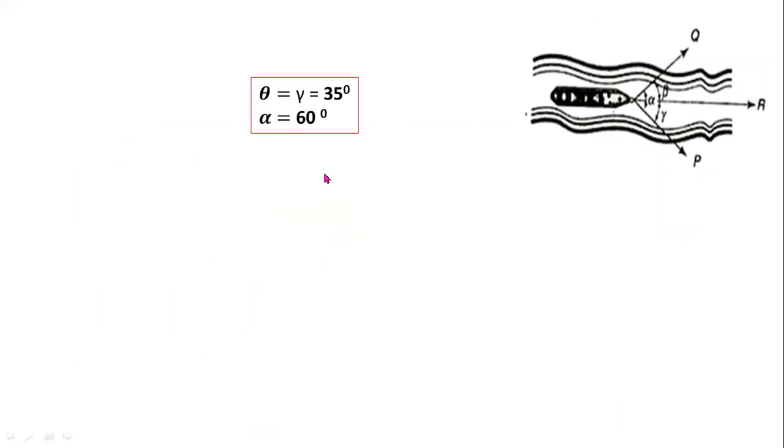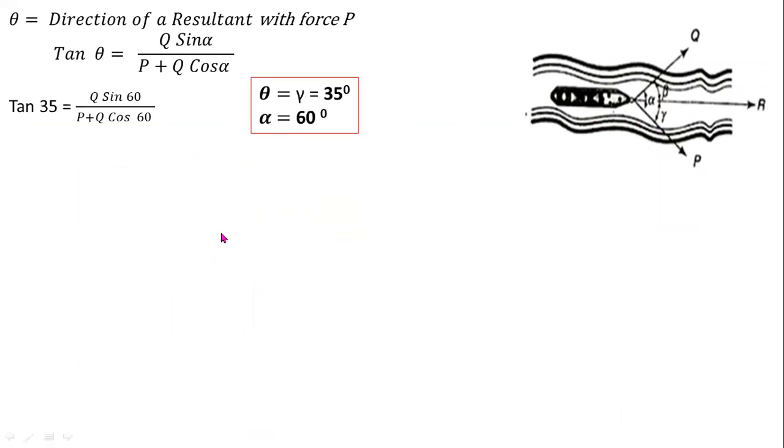We know the formula for the direction of the resultant: tan theta equal to Q sin alpha by P plus Q cos alpha. Here theta equal to 35 degrees, so substitute the value of theta and alpha equal to 60 degrees, and cross multiply.